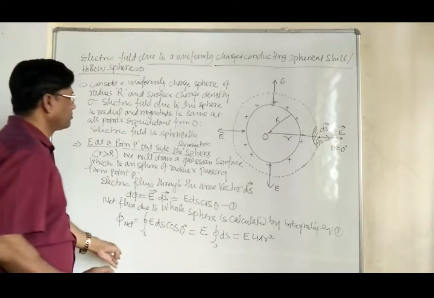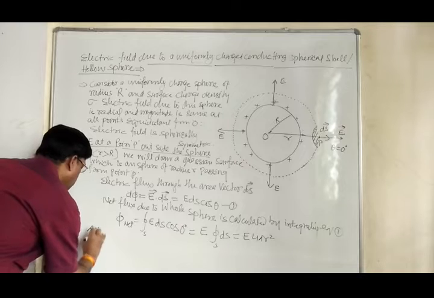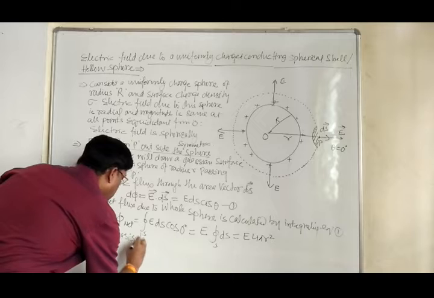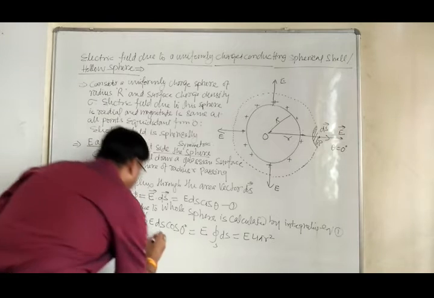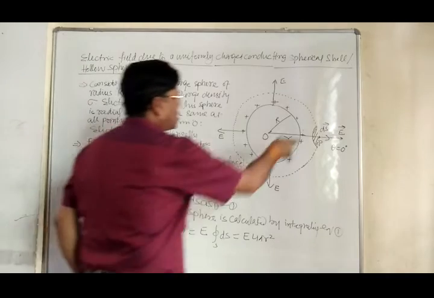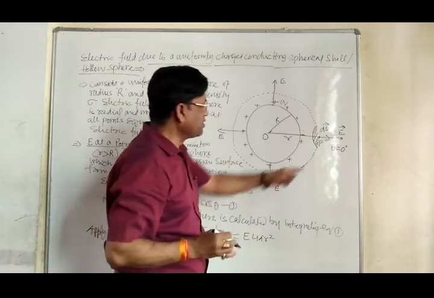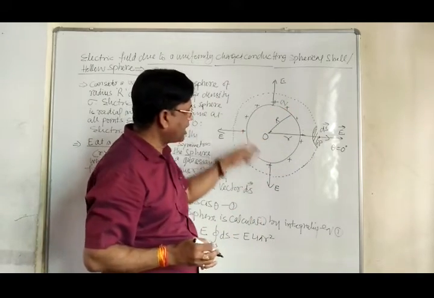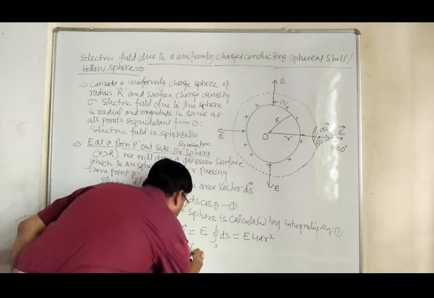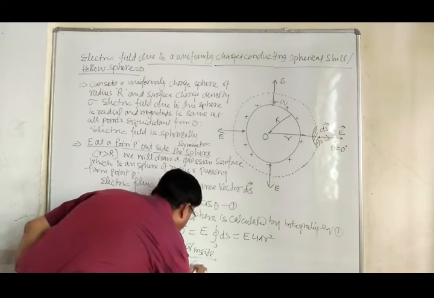Now apply Gauss's law. φ net is equal to the total charge on the sphere, that is Q. It means this Gaussian surface is enclosing this charge inside. φ net is equal to Q inside upon epsilon naught.